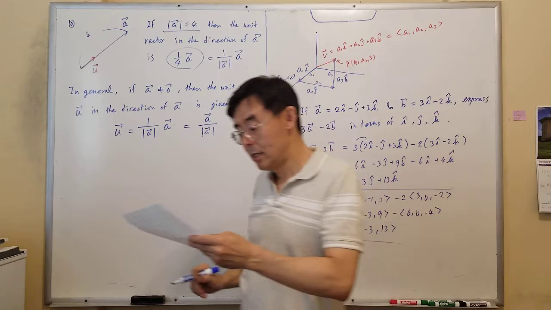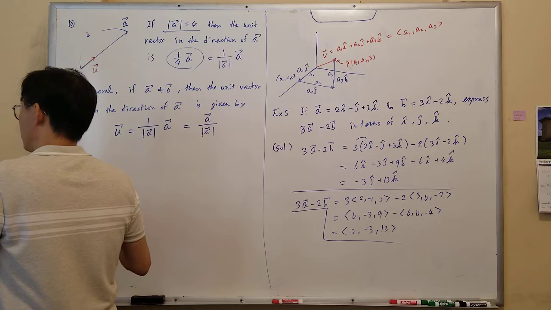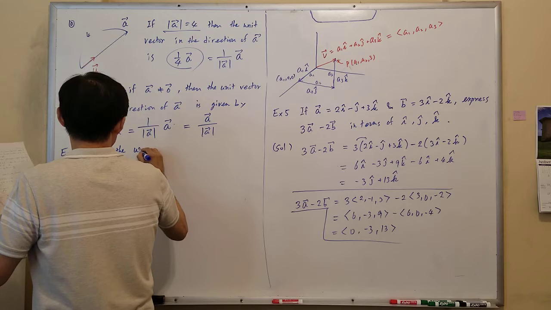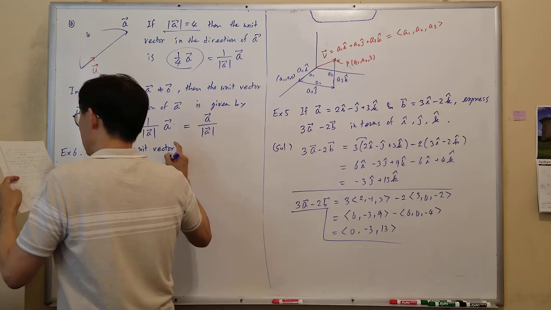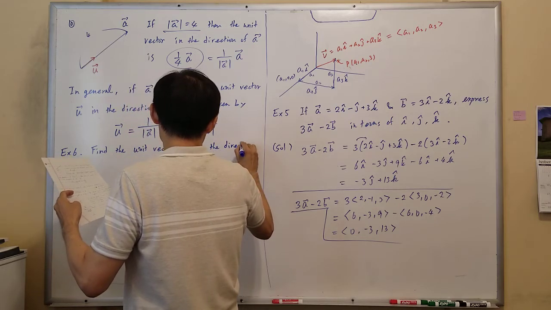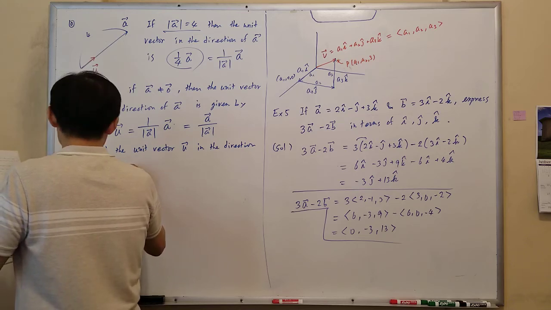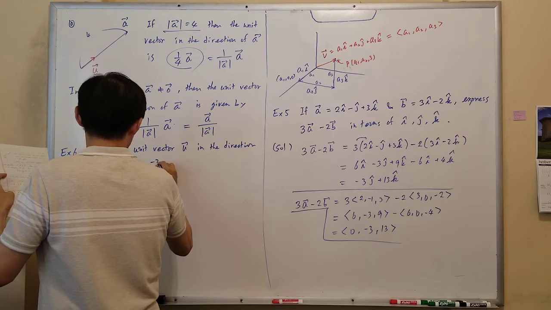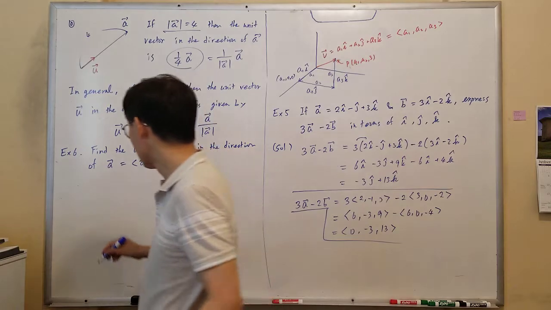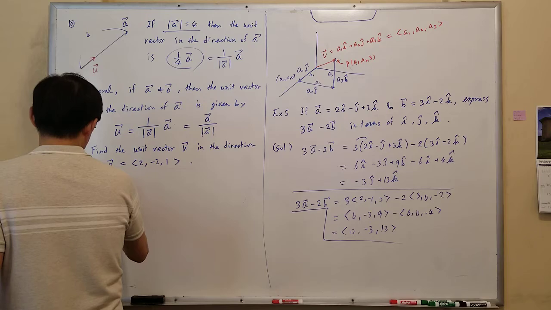Alright? So, example 6. Find the unit vector u in the direction of A, which is (2, -2, 1). Okay. First of all, what is the magnitude of A?